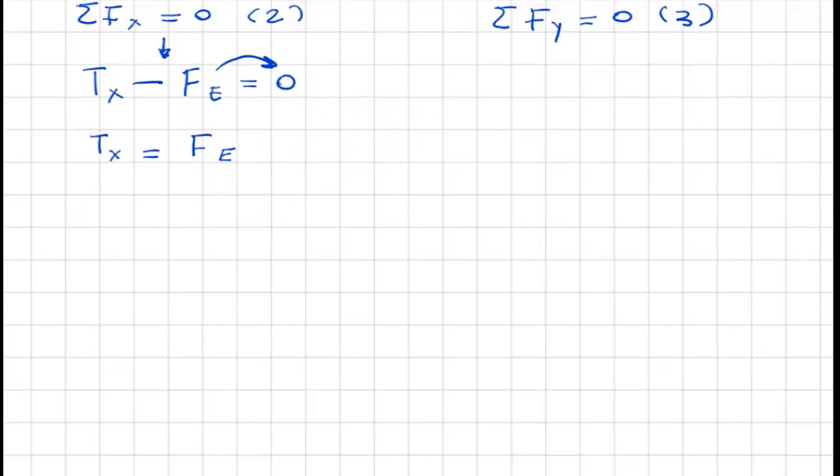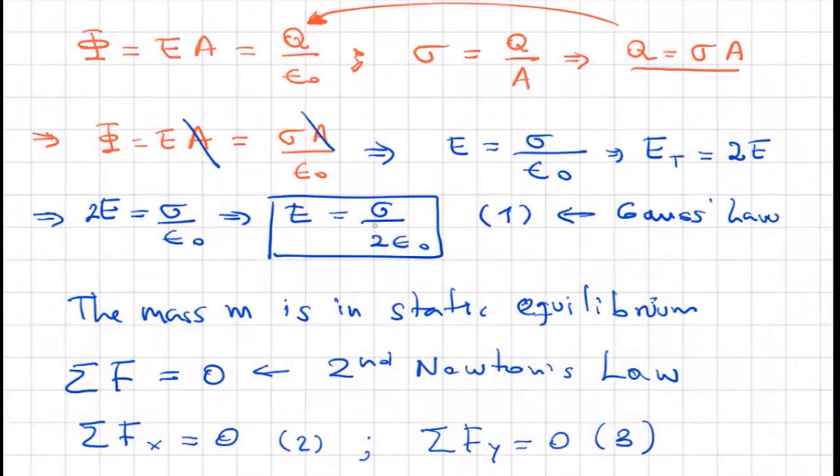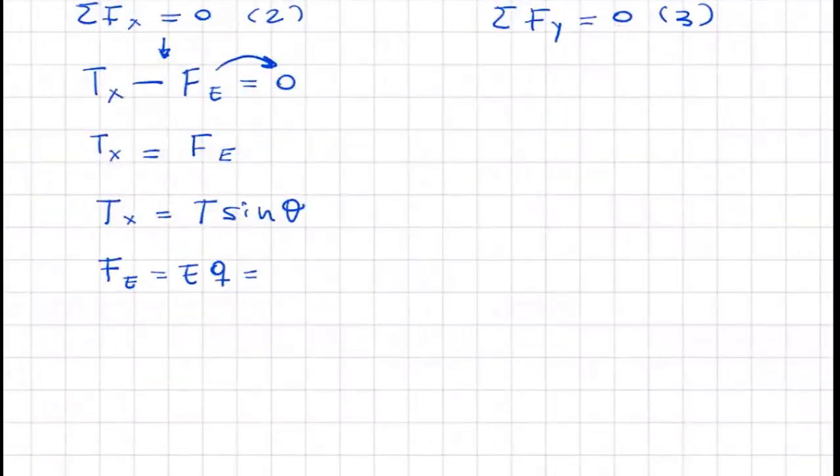Before doing that, give me a second. Let me write this part below, because I need room to write the equations down here. So we said that Tx is equal to T sine of theta by geometry. And by definition, the electric force is equal to the electric field multiplying the charge. The electric field, from equation number 1, is sigma divided by 2 epsilon 0, multiplying the charge of the mass.